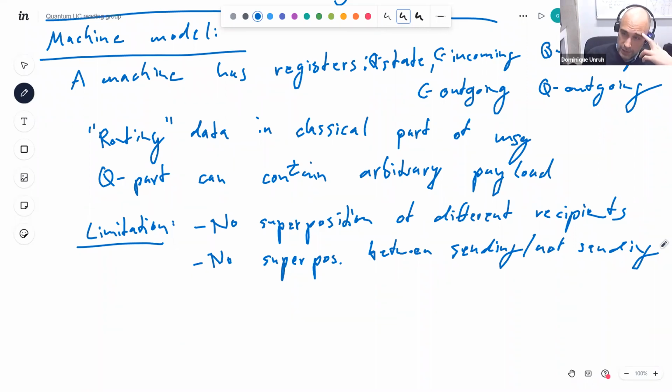I know that long ago there was some paper, but I haven't read it, about trying to make a covert communication, so that you notice if someone tries to find out whether you are communicating with someone else by making superpositions of communicating and not communicating.